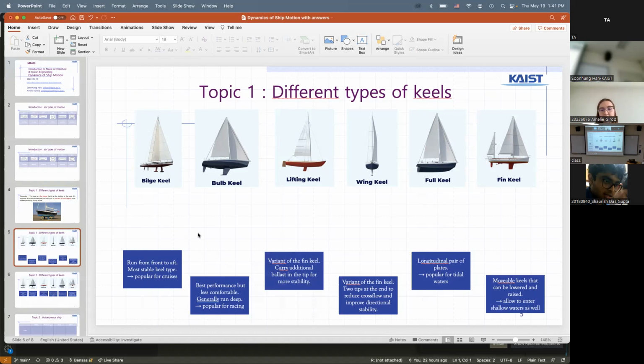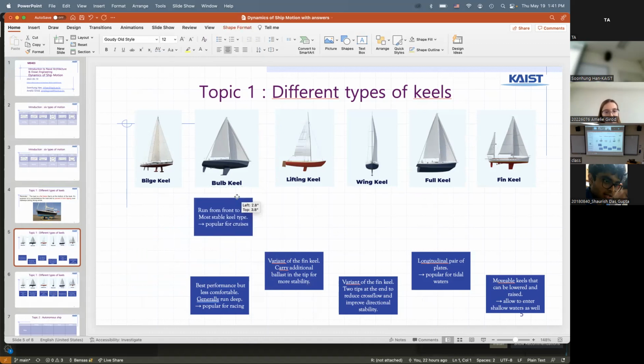I think full keel is connected to the first description. I'm sorry, I can't hear you very well. Okay, full keel has to be connected with the first one. The first one? Okay. Yeah, because it goes from front to aft.